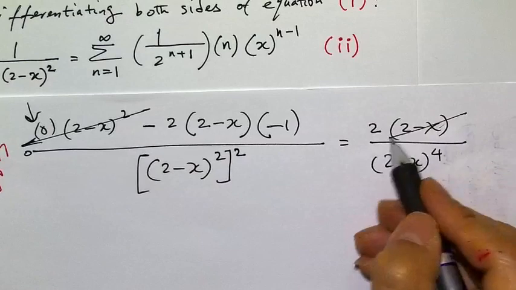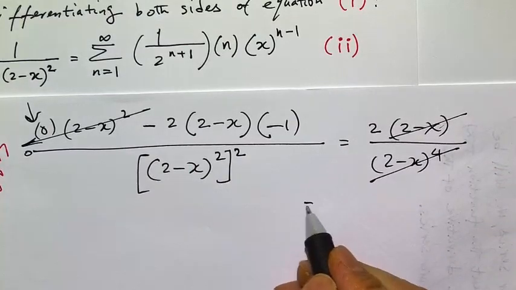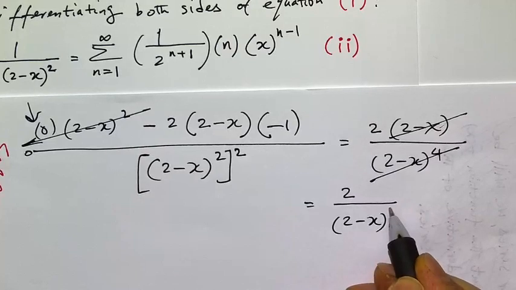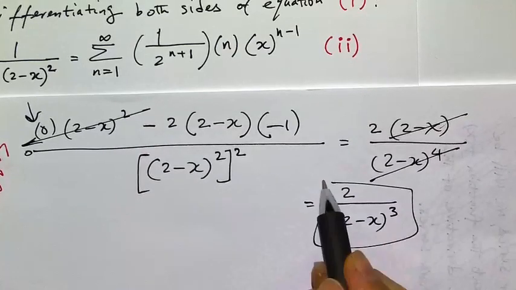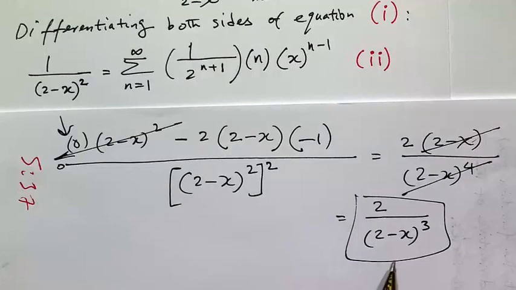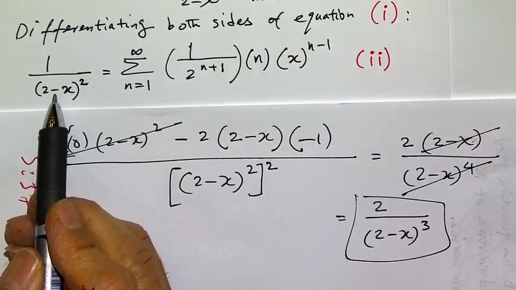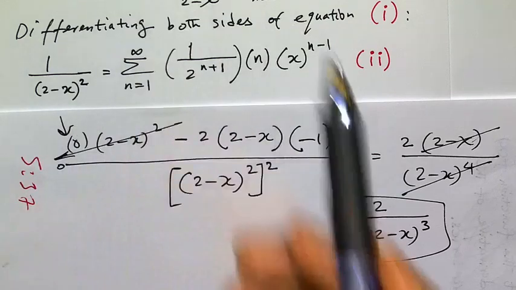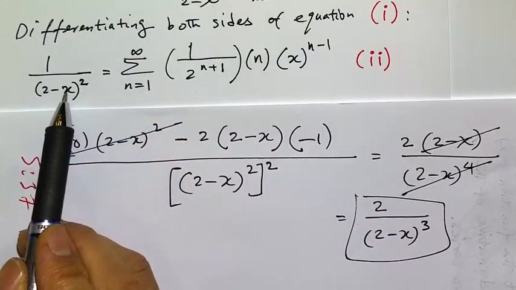And then this and this cancel. We get 2 over 2 minus x cubed. That would be the derivative. This is going to be the second derivative of the original function that we picked, but the next derivative of this.